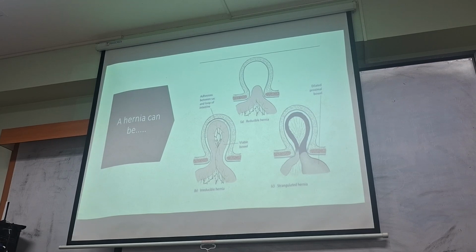But of course, the presentation is going to be different depending on the herniated organ. If it's just omentum, then not so deadly, no? But if it's a loop of small intestine, then of course the normal stream of the bowels is going to be disrupted, which is not compatible with life.